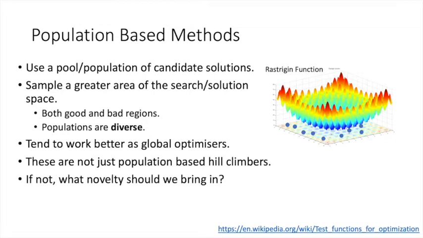This is because hill climbers simply work with one solution at a time, whereas we have a population, so we must take advantage of having a population, not simply work with just one solution in isolation. Having a population gives us certain advantages that can allow us to be innovative.